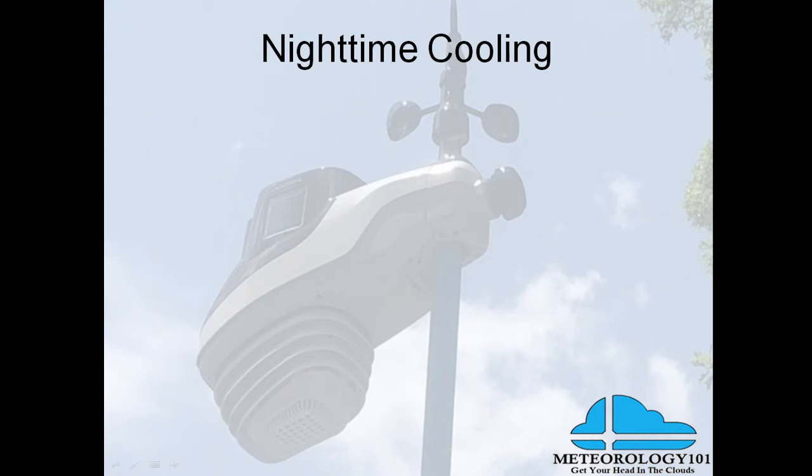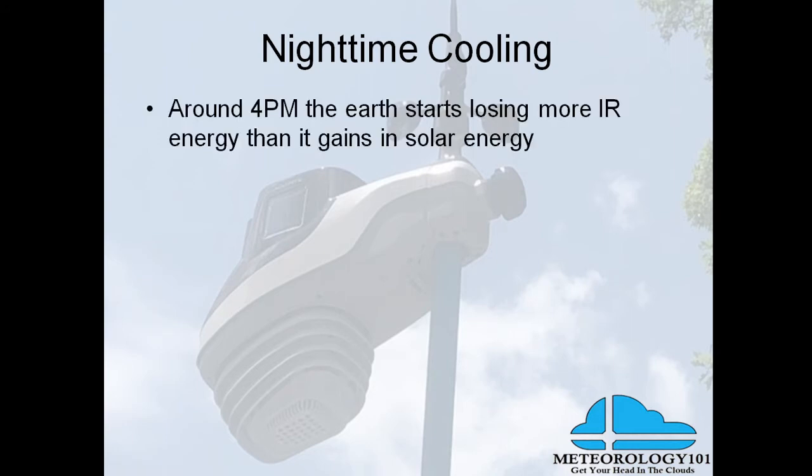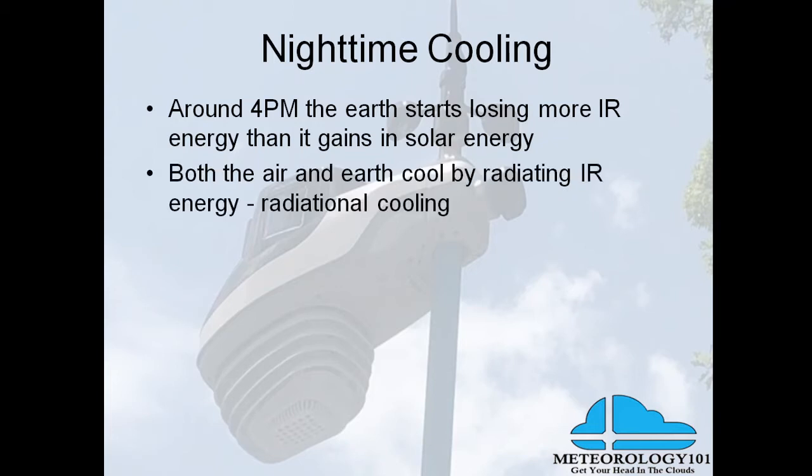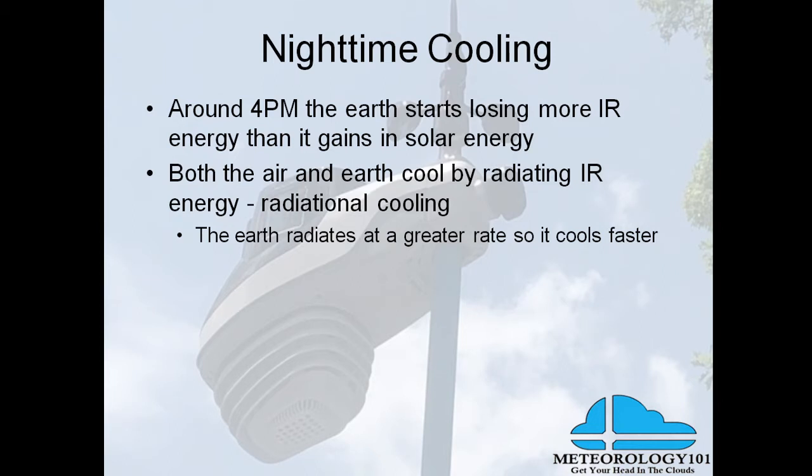All right, nighttime cooling. Around 4 p.m., the Earth starts losing more radiation energy than it gains in solar energy. Both the air and the Earth cool by radiating IR energy, radiational cooling. And the Earth radiates at a greater rate, so it cools faster.